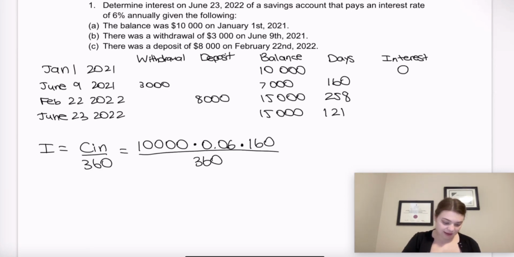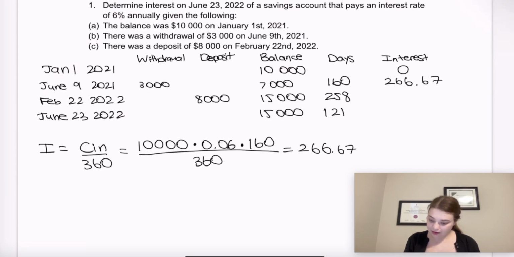So I'm going to multiply $10,000 times 0.06 times 160 divided by 360, which is about $266.67. And that's what I'm going to put in this column here, 266.67.